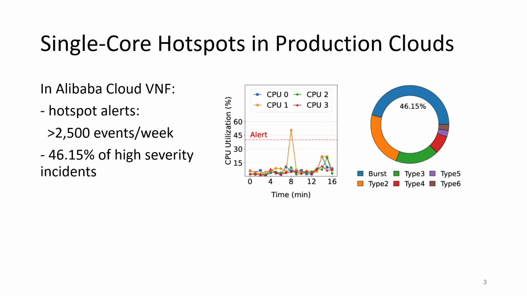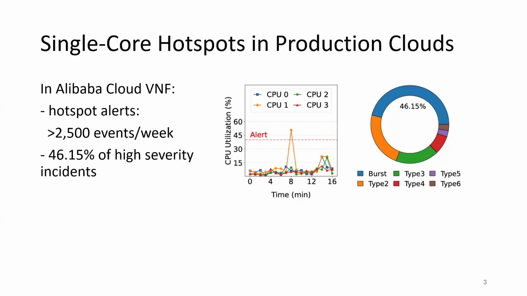This problem is not only theoretical. We observe frequent single core hotspots in Alibaba Cloud's VNF deployment. In our example, a fast-path instance had 5 cores, where 1 core was reserved for control tasks and 4 cores handled data plane processing.